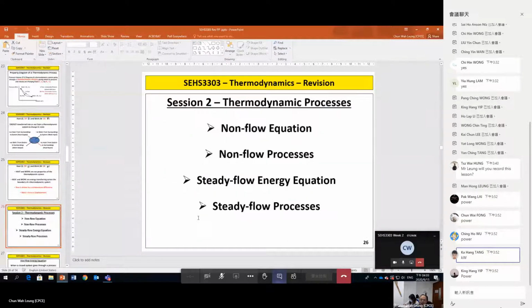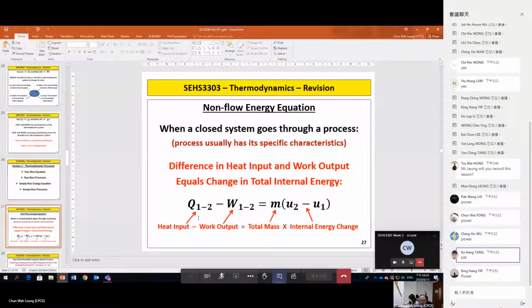using the non-flow equation. This equation tells you that in a non-flow process, we can apply heat 1 to 2, that is throughout the process from 1 to 2.